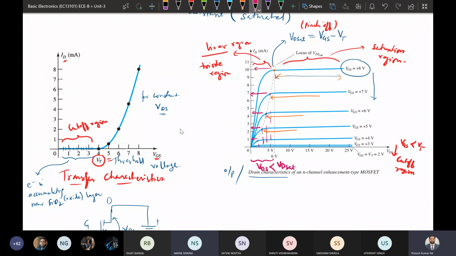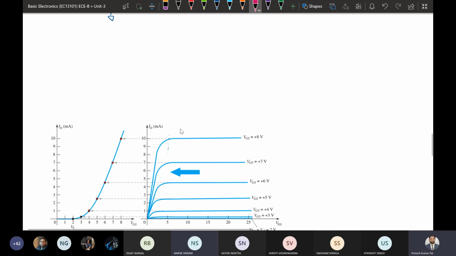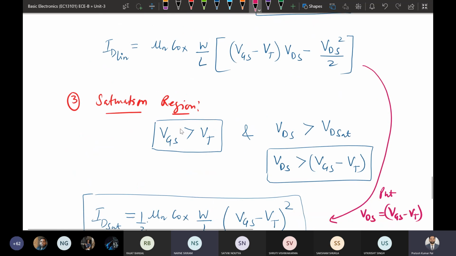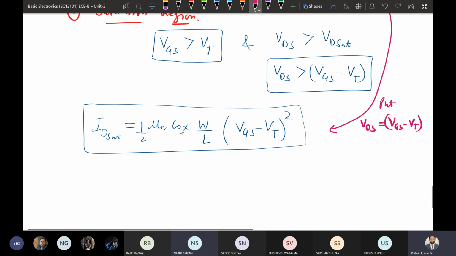In practical circuit simulation, even if we increase the VDS, the VD sat value will always remain constant. So beyond this pinch off point, whatever the VDS value is, that is always VGS minus VT only. That's why by putting this we can get the expression for the saturation current.